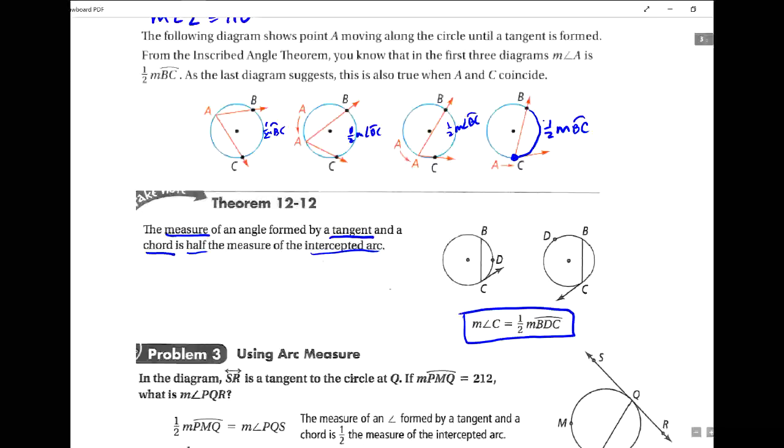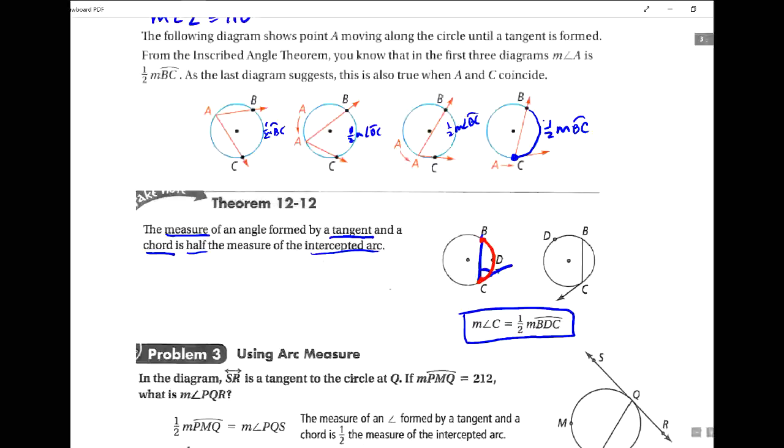Now, the only thing you have to remember here is: here is our chord, here is our tangent line, here's our angle, but where is the arc? We want the arc that is inside of our angle.